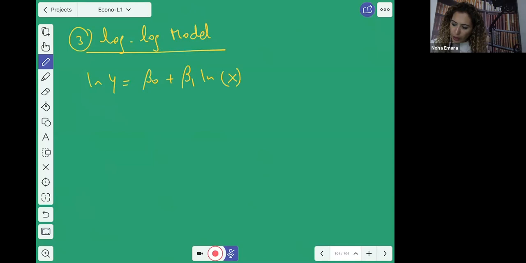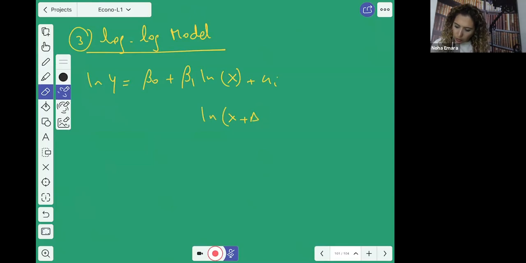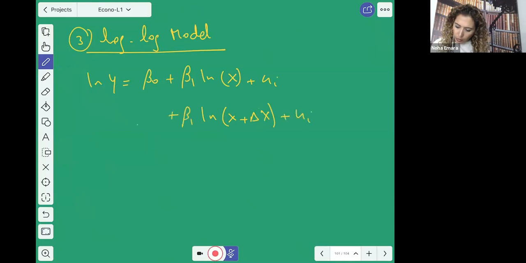So what I have here again is, if you think about it, you're changing x. You can also have the ui, or you can just remove it, it's going to cancel anyway. So any change in x would be reflected in a change in y.